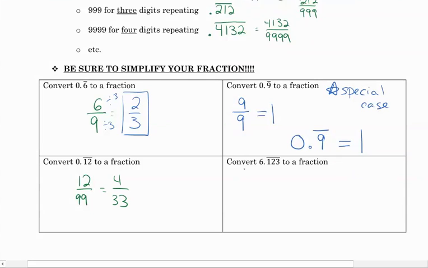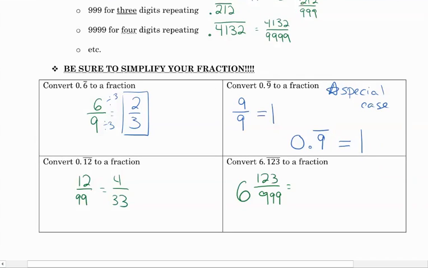And then 6.123123123123. Okay, so that whole number, I'm just going to pull that out in front. And then I have 123 over 999. Okay, and let's see.